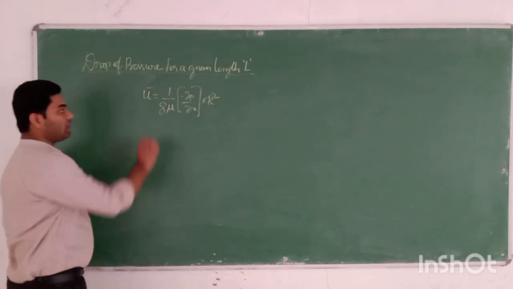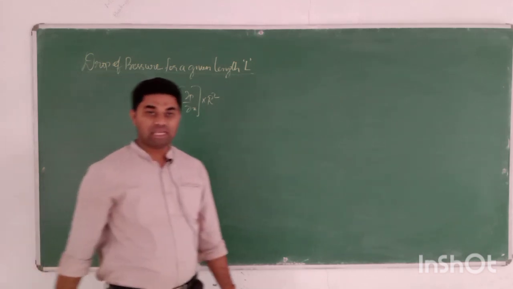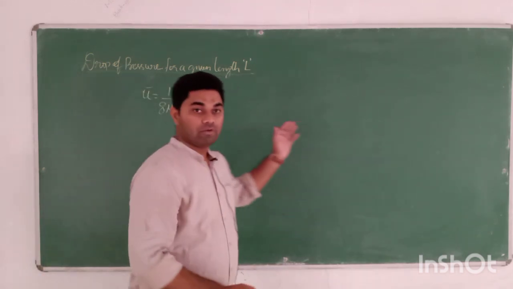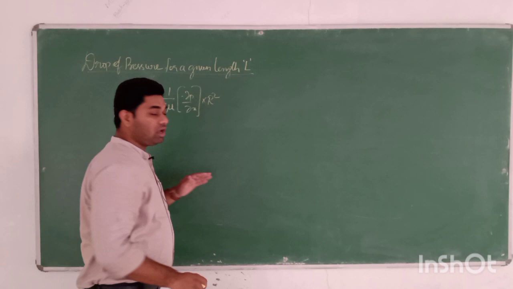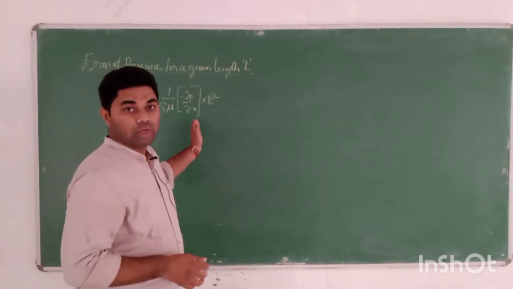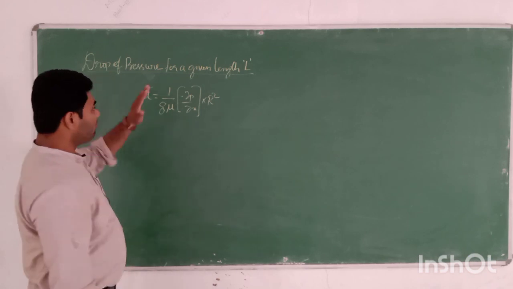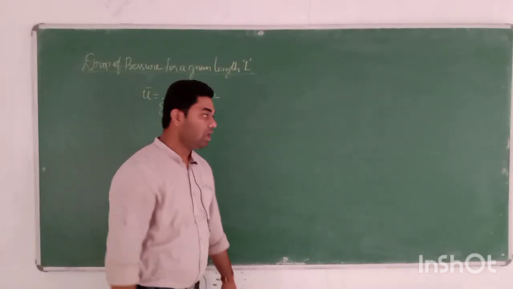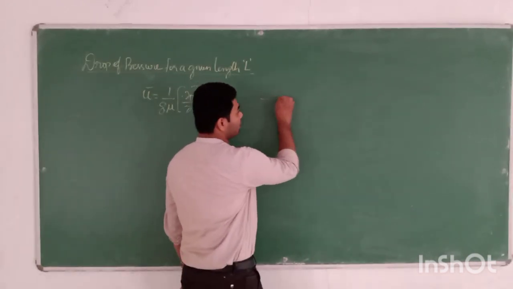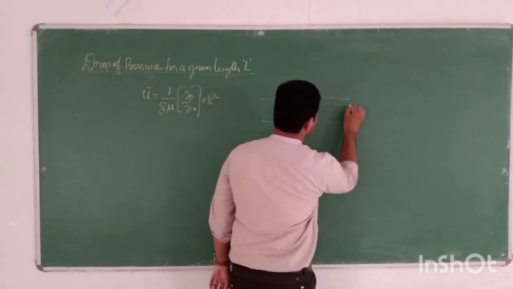This was our average velocity of laminar flow through a circular pipe. Now, for finding the drop of pressure for a given length L, let us consider a horizontal circular pipe.